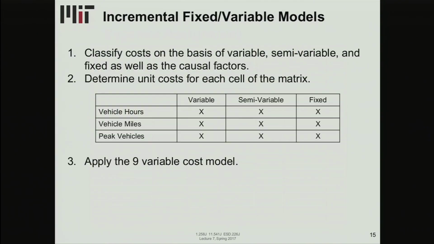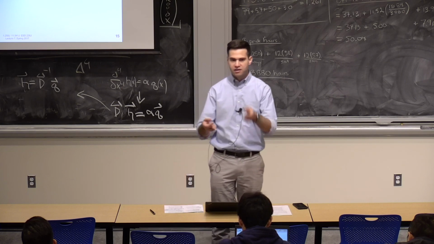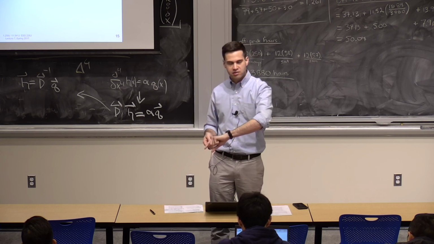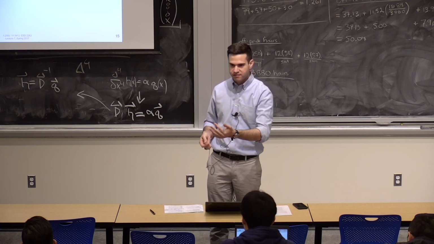So if you have some kind of new expense, or you decide that you're going to save some money somehow, then you decide how am I going to spend less or spend more? Would that be a variable, semi-variable, or fixed cost? Would I associate that with vehicle hours, vehicle miles, or peak vehicles? And then you would use that unit cost to bring the total cost up or down from the agency.